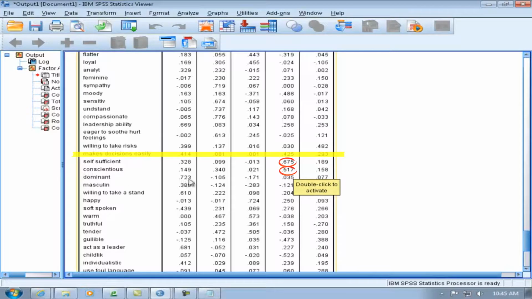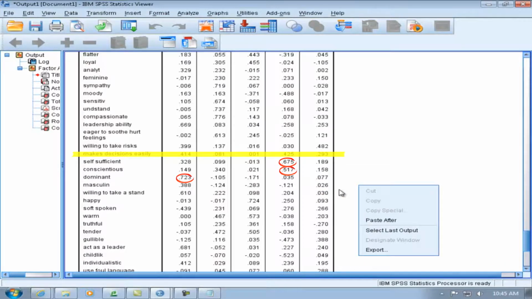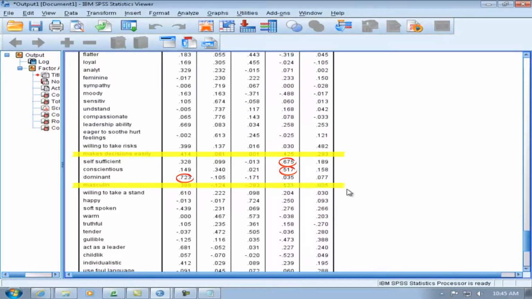Dominant, okay, that would be factor 1. Masculine, what? Nothing. We need to cross it out, right? Okay, willing to take a stand, factor 1.